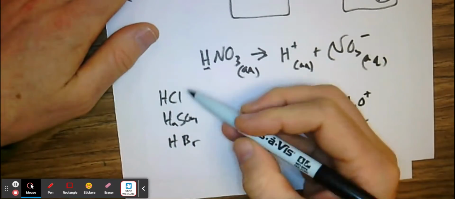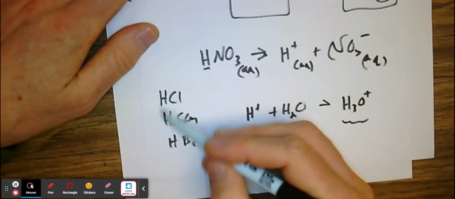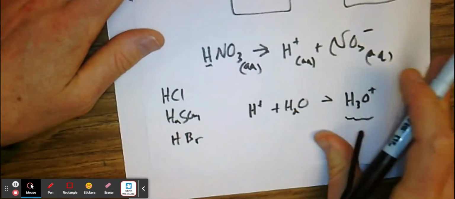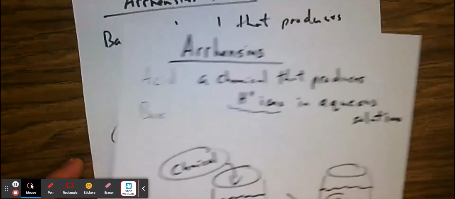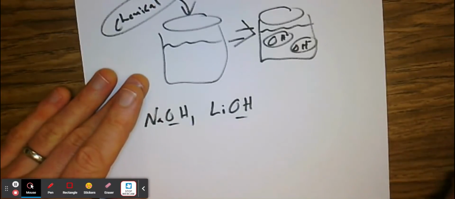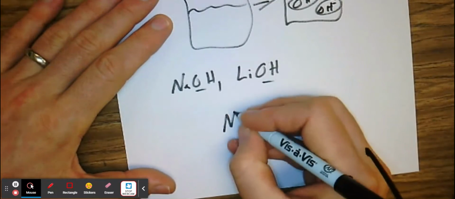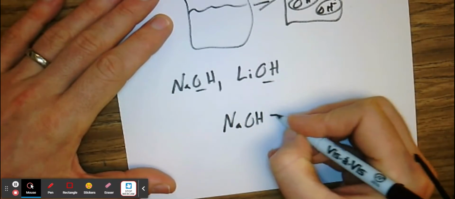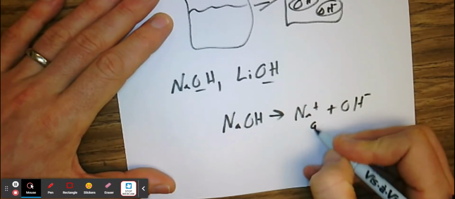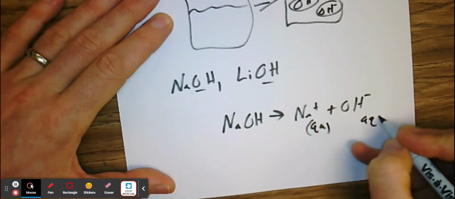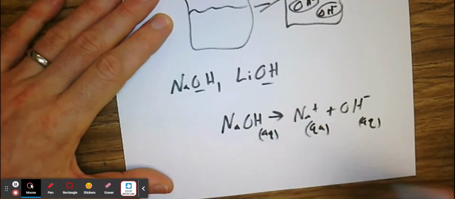You can see all of these have that H as a cation. That makes them easy to spot as an Arrhenius acid or base. And the equation would be NaOH yields Na plus plus OH negative, all aqueous.